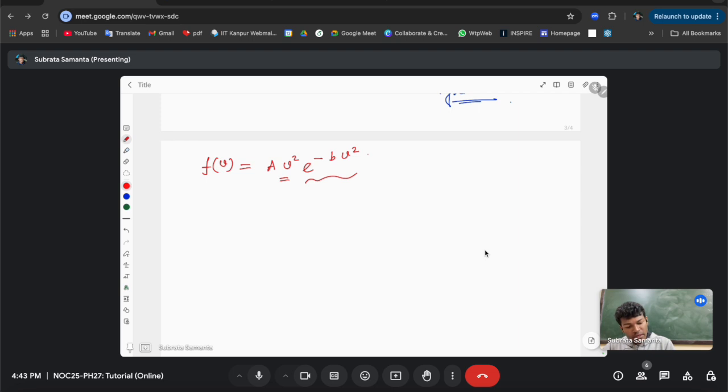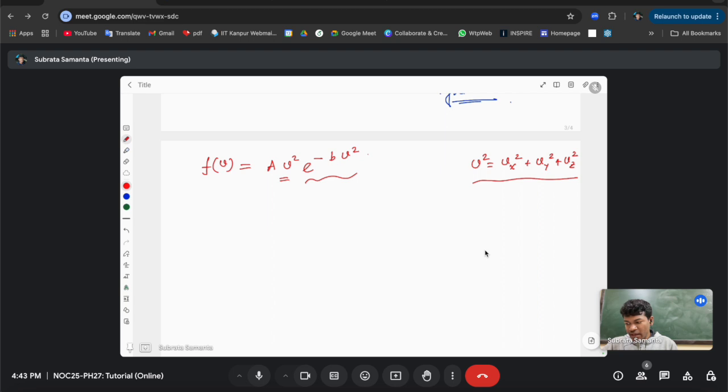Remember here v squared is basically vx squared plus vy squared plus vz squared if you consider a three-dimensional box. Similarly, r squared equals x squared plus y squared plus z squared in a 3D Cartesian coordinate system.